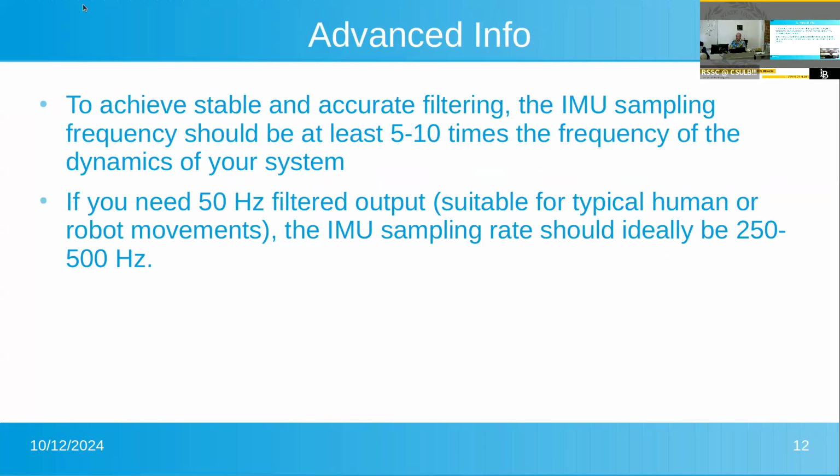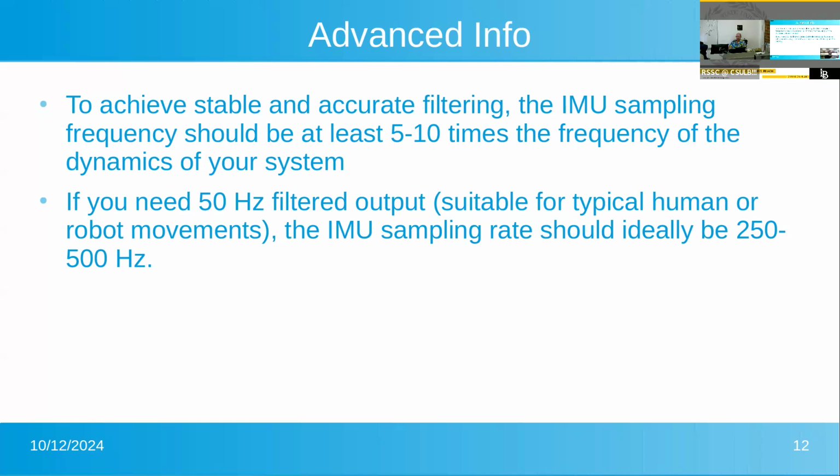So, some advanced information about this. To achieve stable and accurate filtering, which is what we're doing, the localization is this filtering of the IMU information, the sampling frequency should be at least 5 to 10 times the frequency of the dynamics of your system.